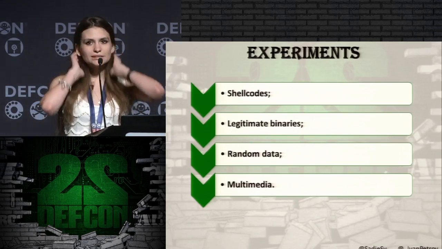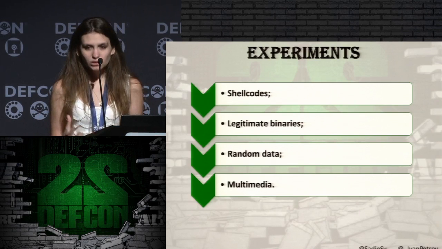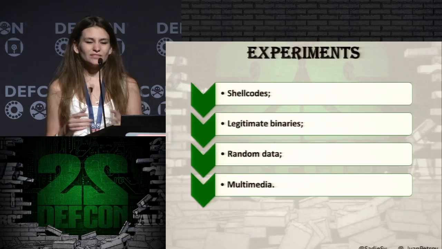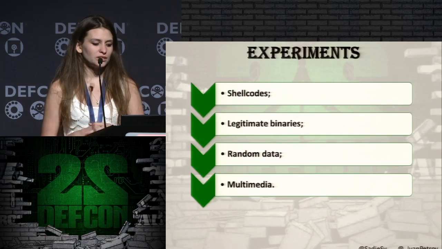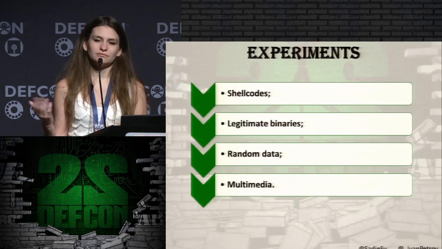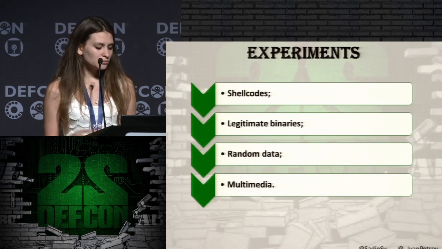We were also testing on legitimate binaries because all existing shellcode detection methods don't work really well on legitimate binaries. They have a lot of false positives. There was also random data, like collected normal traffic of a normal user working on the system, and multimedia as well.